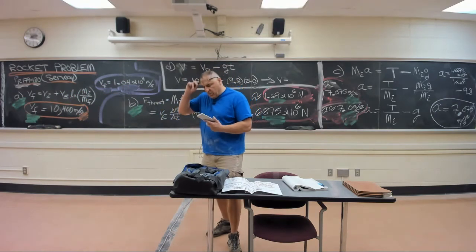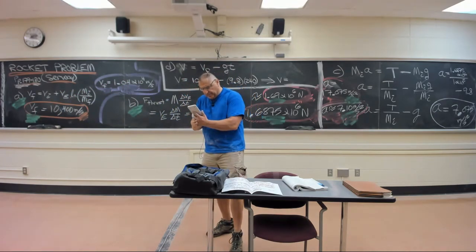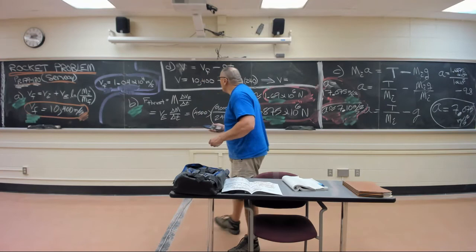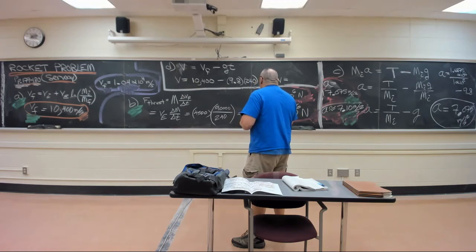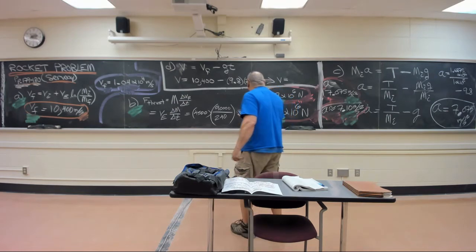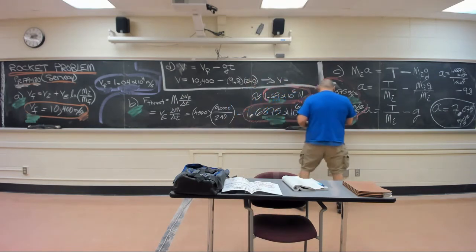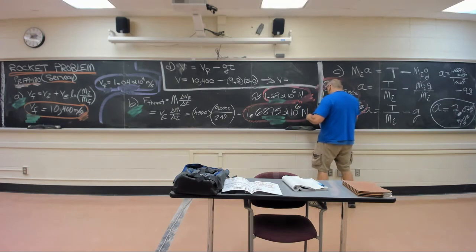Let me see if I'm agreeing with the book, you guys. Yeah. Still moving. I mean, there's no point in a rocket if it ain't going to work, you guys.